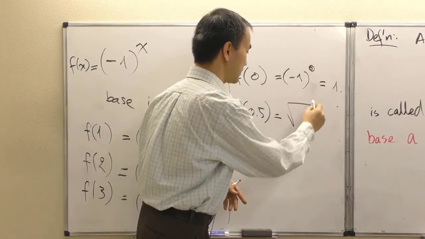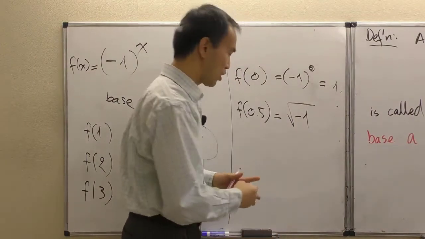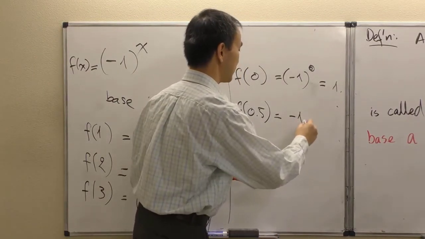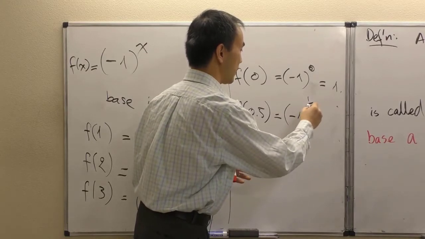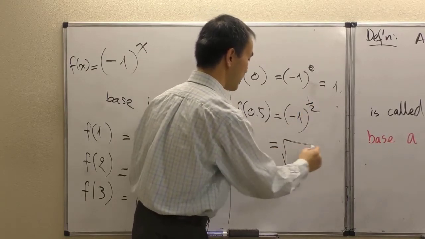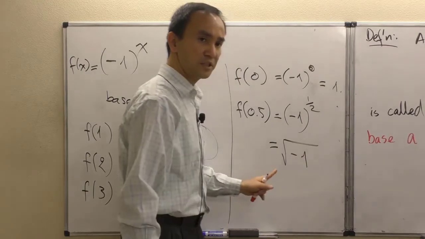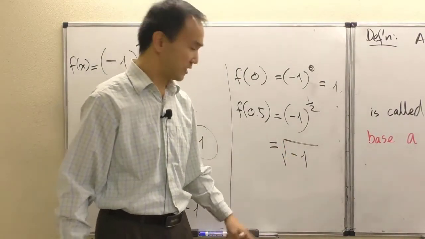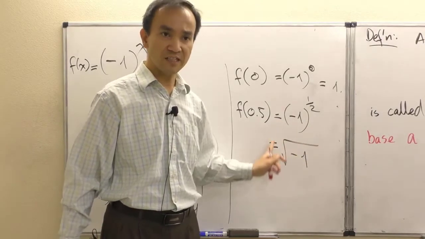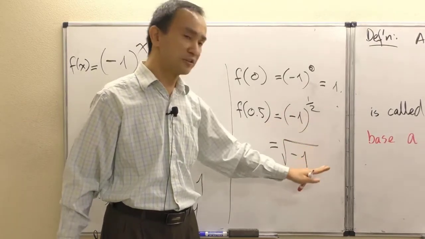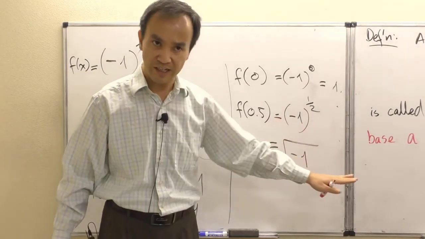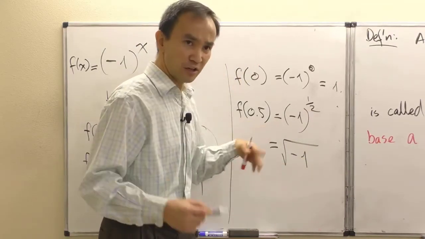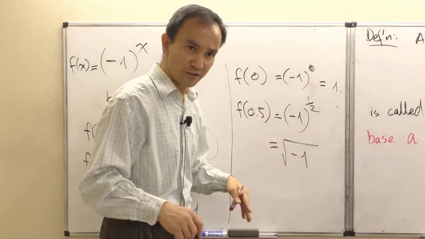It means the square root of negative 1, because (-1) to the 1/2 power is the square root of negative 1. We start getting out of the zone where we were comfortable with numbers. Unless you have already learned some imaginary numbers, but that's not what we learn here in pre-calculus, this is undefined. So some inputs start getting thrown out right there.